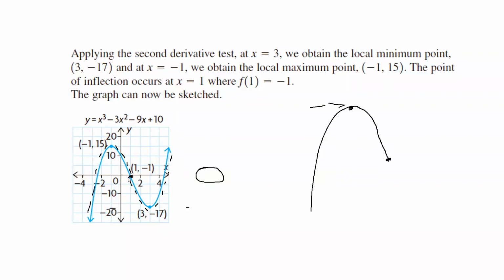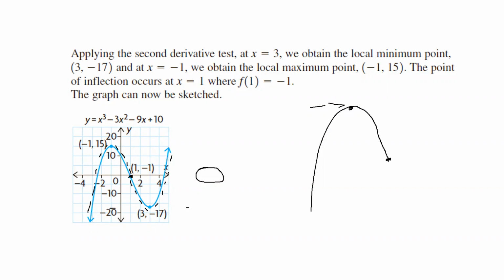How did you find the critical points again? I forgot. So for critical points, first thing first, we do a first derivative test. To find those critical points, we say the derivative equals 0 or is undefined.